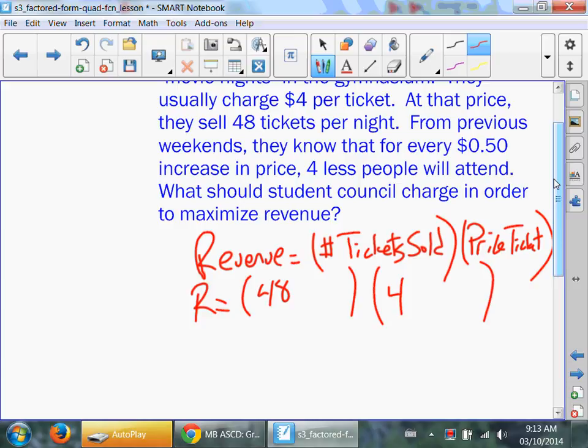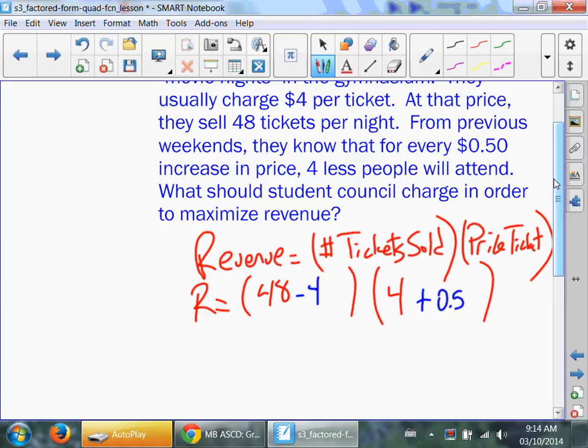Now, the relationship is every 50-cent increase, 4 less people are going to attend. So this is how we develop this formula, this function, this relationship. If we add 50 cents, we lose 4 people.